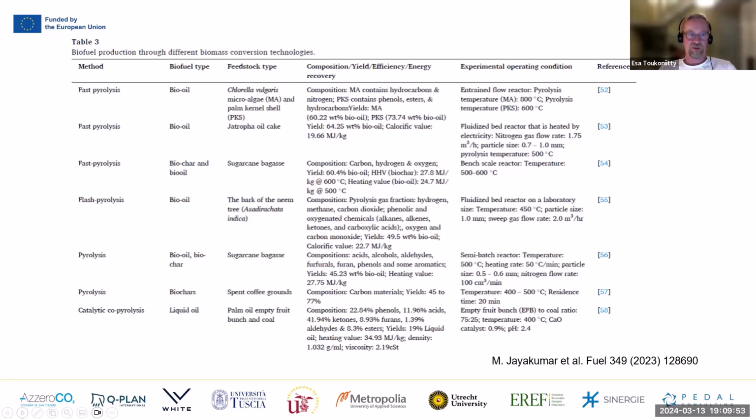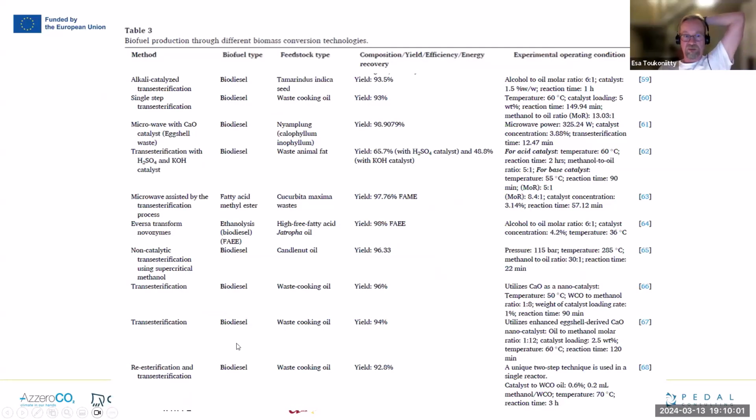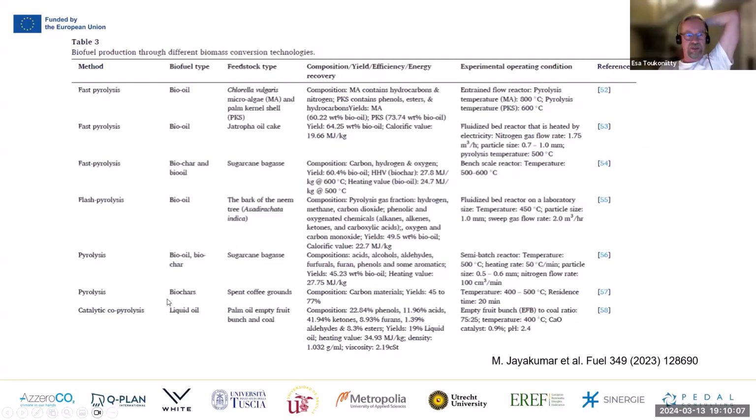Then if we take a look at this table, it was really long, so I had to split the same table into different parts. These were more or less pyrolysis, and the product is bio oils.